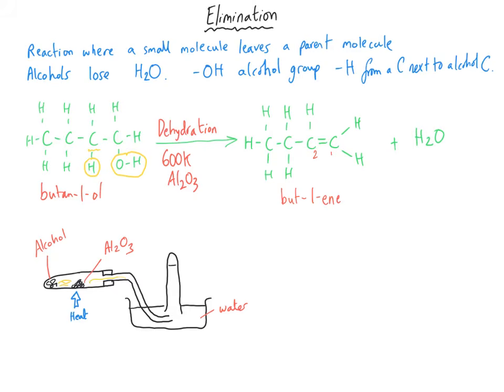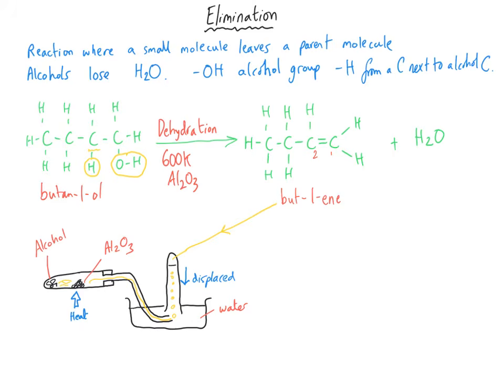And then the alkene will drift down here through this delivery tube into the water, and then it will come out here as bubbles of alkene gas. And then the gas, in this case but-1-ene, will collect at the top of the tube here, and the water will be displaced. It will be pushed downwards by the presence of the extra gas at the top of the tube.